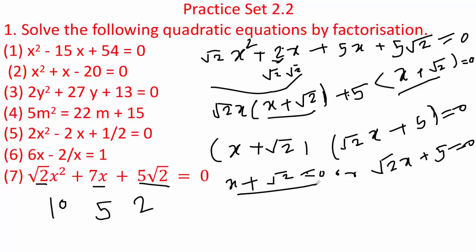X plus root 2 equal to 0, this gives us x equal to minus root 2, and root 2x plus 5 equal to 0 gives us x equal to minus 5 divided by root 2.